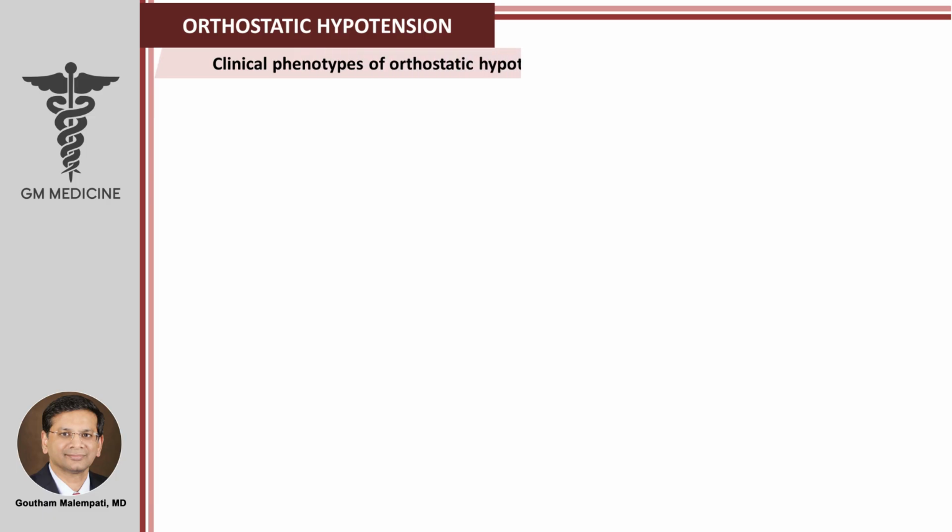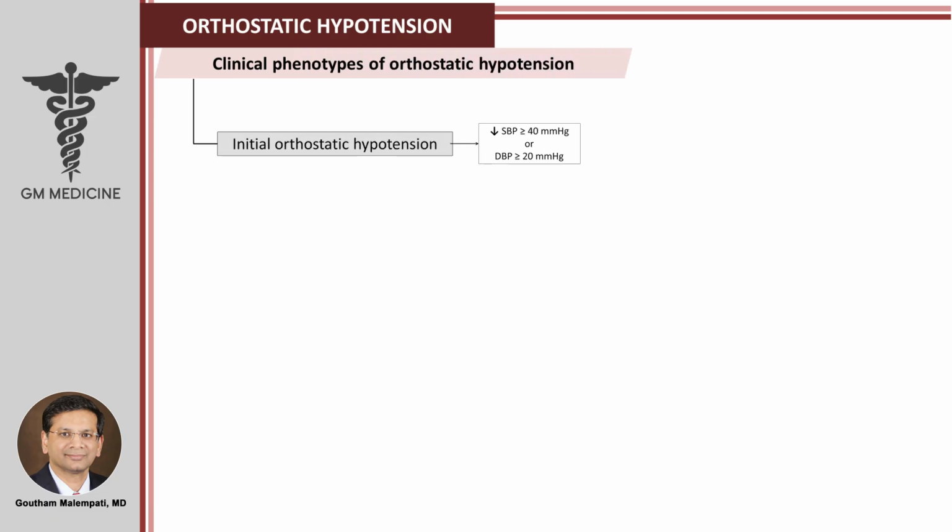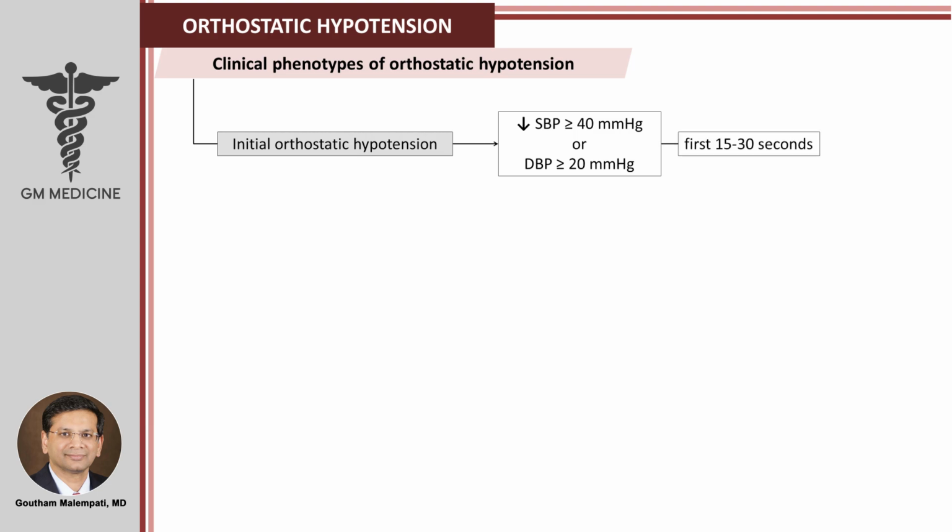Clinical phenotypes of orthostatic hypotension. Initial orthostatic hypotension is defined as decrease in systolic blood pressure of 40 mmHg or more, or diastolic blood pressure of 20 mmHg or more within the first 15 to 30 seconds. It is often transient.